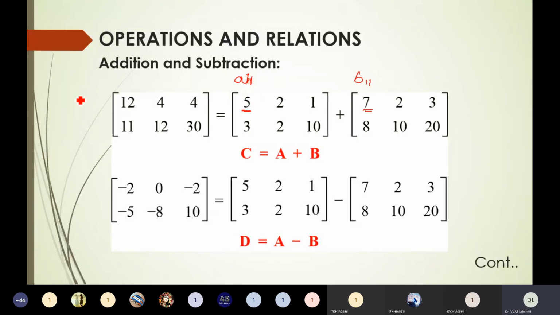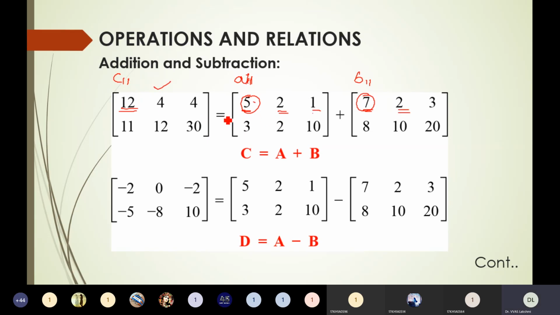If you want to get the element value in C11, we will add the first element and here the first element. That is 5 plus 7, that is 12. In the same way, the second element is added: that is 4.